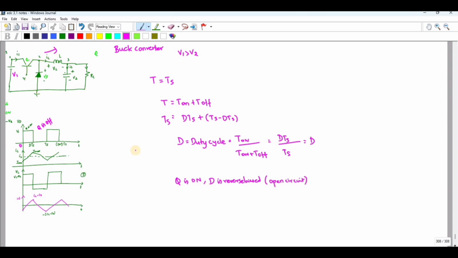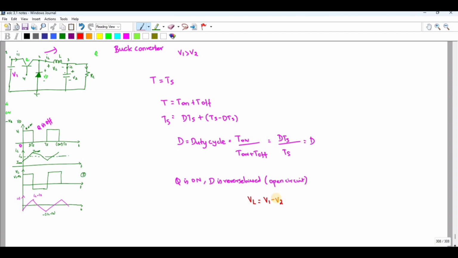I1 is equal to IL plus the current through this one. The voltage across the inductance is equal to V1 minus V2.